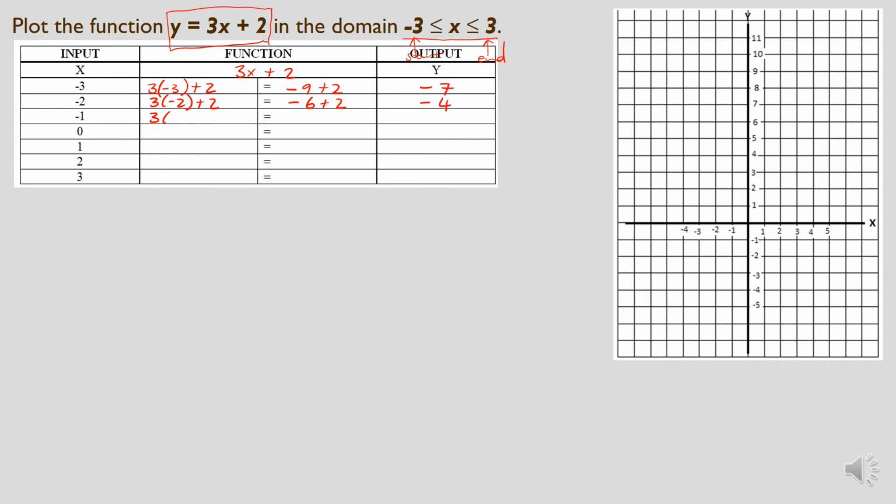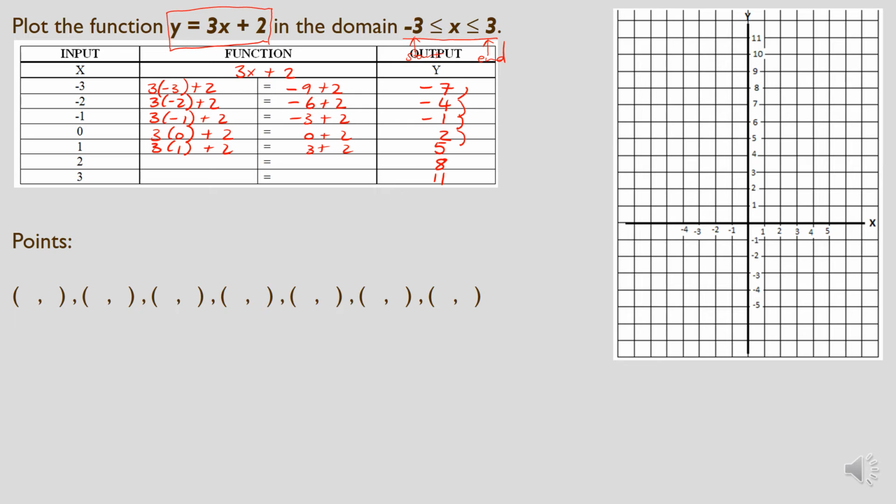When the input is -1, we get -3 + 2, which is -1. And you can see where this is going. When the input is 0, we get 0 + 2 is 2. 3 ones is 3 + 2 is 5. So you can continue, or better still, use your calculator to make the table, and we can see there's a definite pattern. We're going up in threes, so 5, 8 and 11 will be the last one.